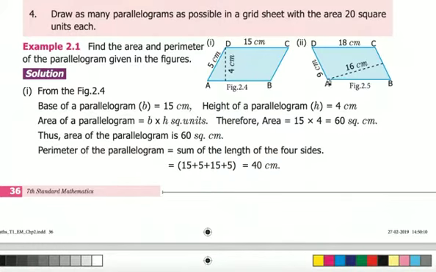Okay. Here this is height on this base. So it takes 16 into 9. 16 into 9 is the area of the parallelogram. That's it.